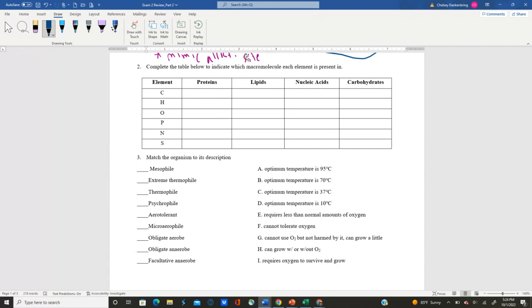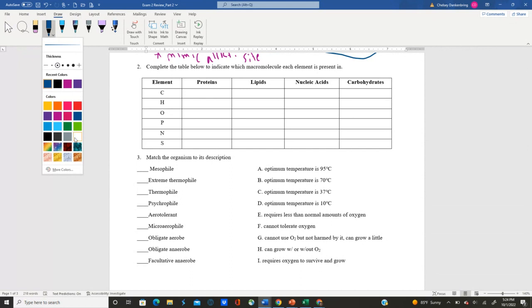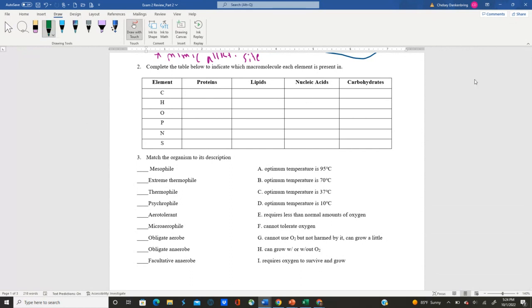All right, so I think that's been about 30 seconds. So let's go ahead and do this together. Let's see, I think I'm gonna use green for this one. All right, here we go. So y'all, I put carbon, hydrogen, and oxygen first because they are present in every single macromolecule.